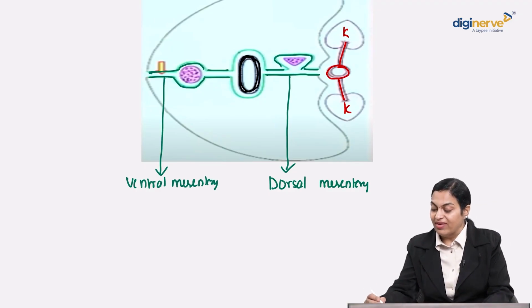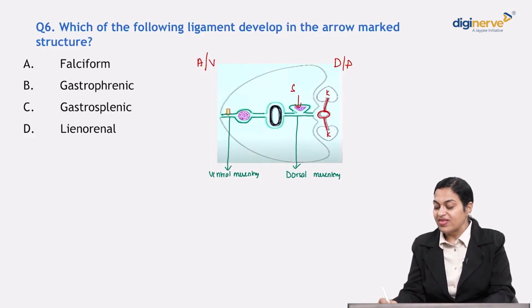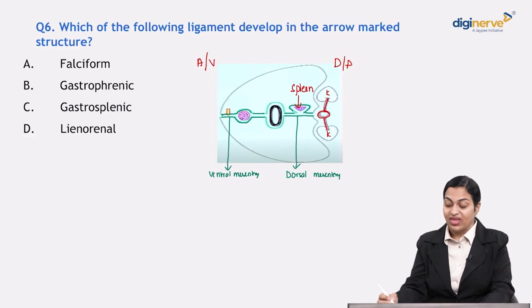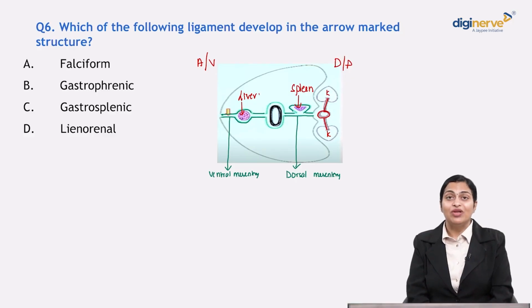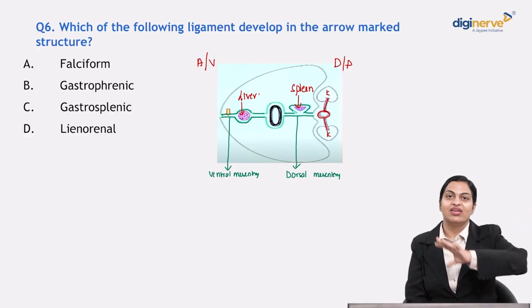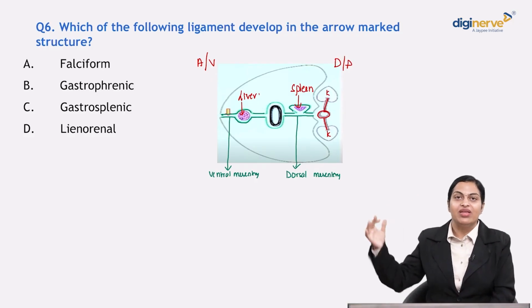You see something developing in the dorsal mesentery, right? This is the spleen, and this one developing in the ventral mesentery is the liver. The development of the liver in the ventral mesentery will divide the rest of the ventral mesentery into a number of ligaments, as well as the spleen developing in the dorsal mesentery will again divide it into many ligaments.